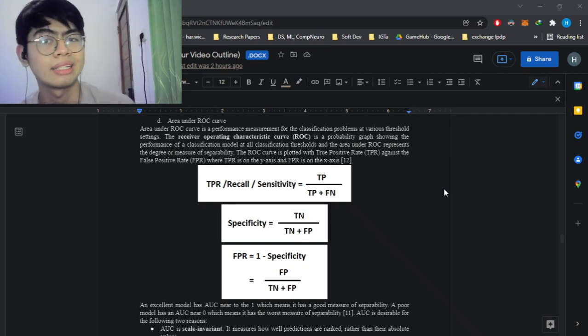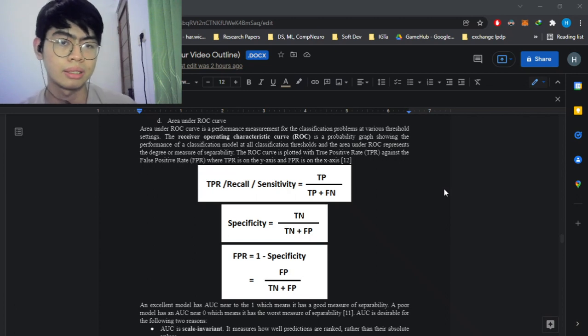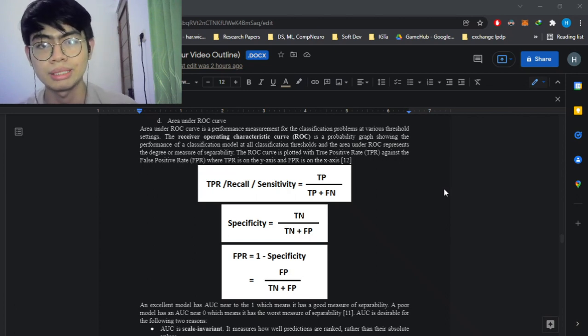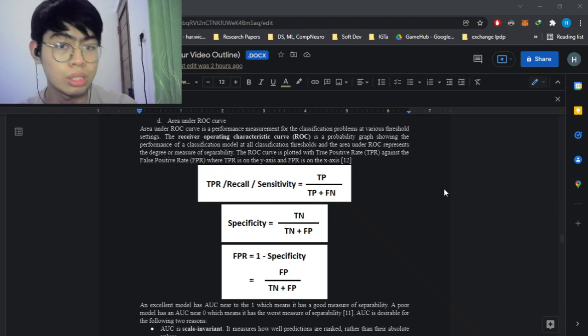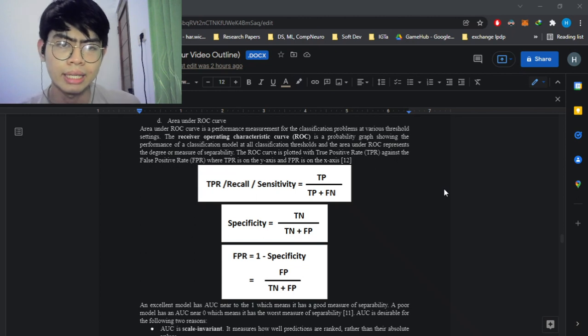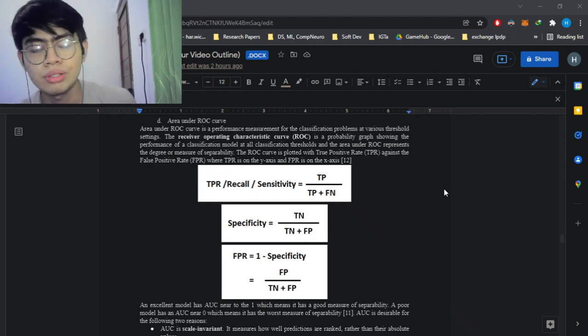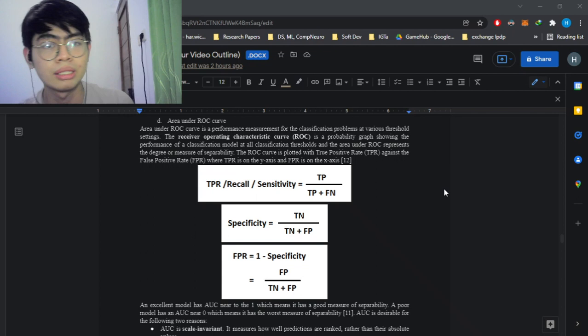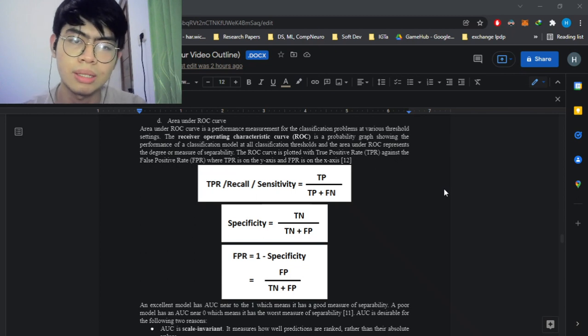The higher the AUC, the better the model is at predicting zero classes as zeros and one classes as ones. By analogy, the higher the AUC, the better the model is at distinguishing between, let's say, patients with the disease and patients with no disease.